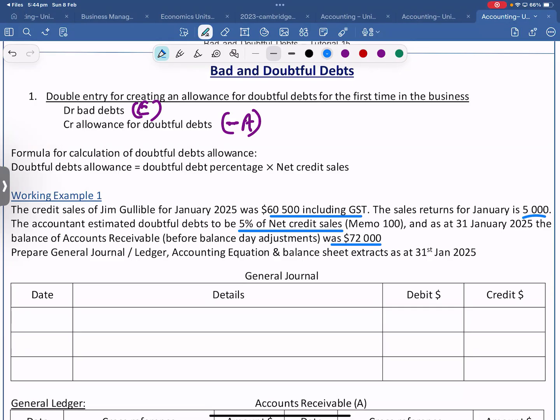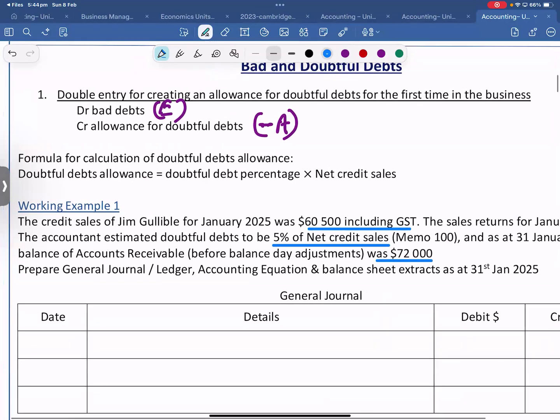Now, guys, remember, this is the formula that we are going to use to calculate the doubtful debt allowance. The particular doubtful debt percentage times the net credit sales. Most of the time, 99% of cases, we are multiplying by the net credit sales.